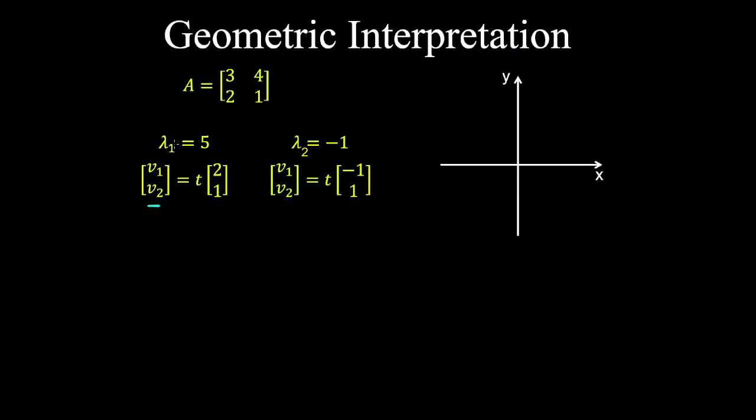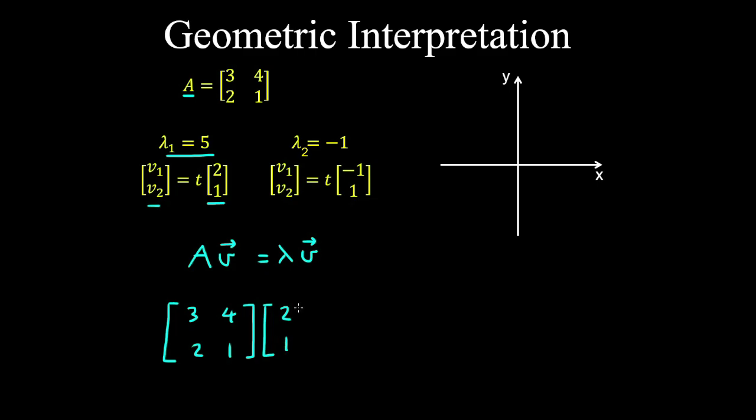If v is an eigenvector of the matrix A, then multiplication of v by A leaves the direction unchanged. So for example, if we multiply the matrix A by this eigenvector corresponding to this eigenvalue, then we have 3, 4, 2, 1 multiplied by 2, 1.